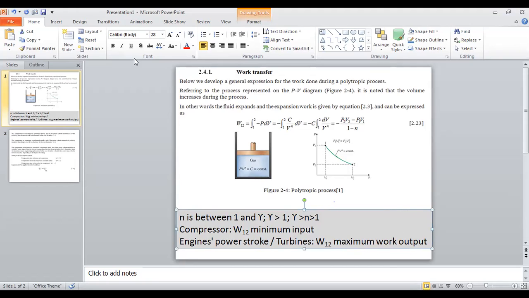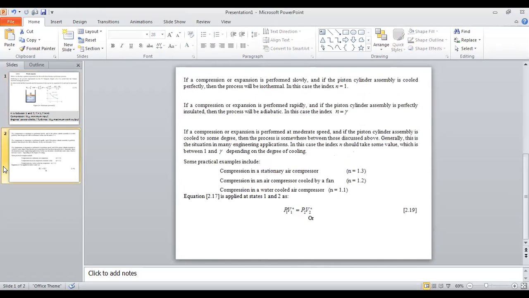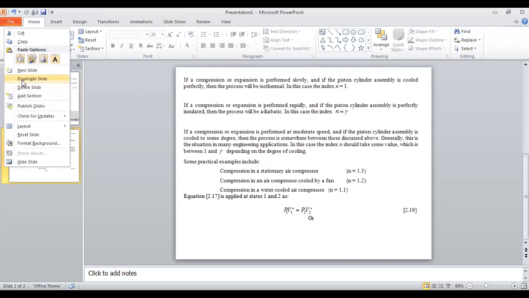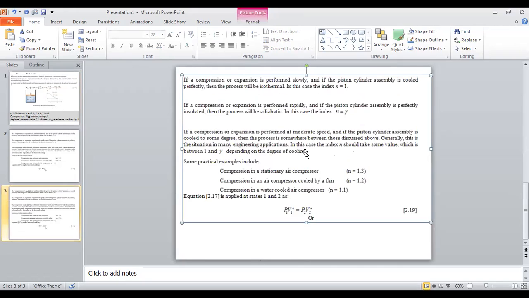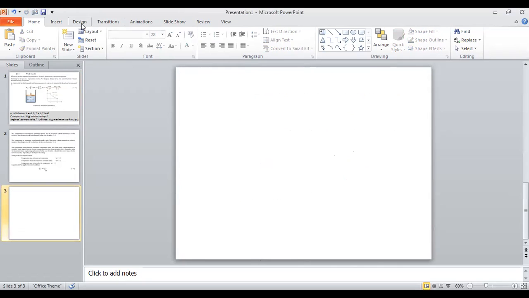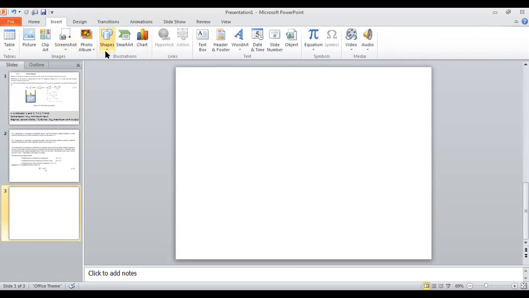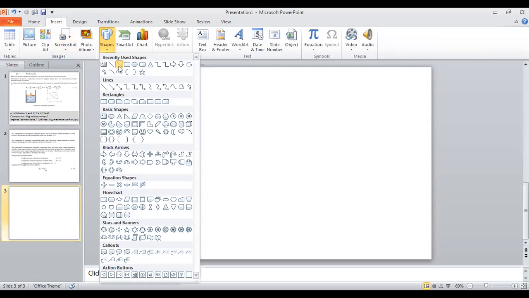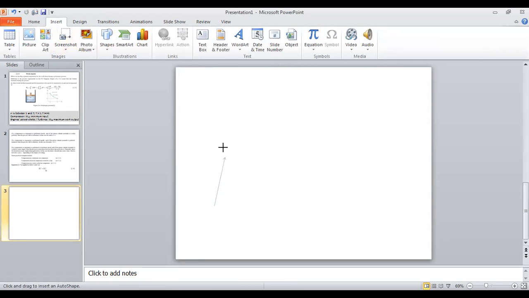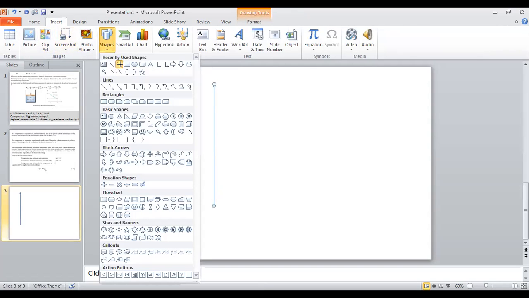Let's see. Today I'm going to start a new session, but let me discuss this part first, before going for the new session.